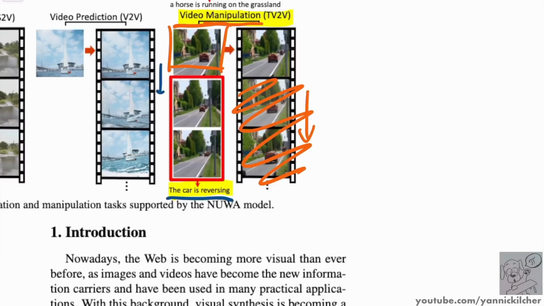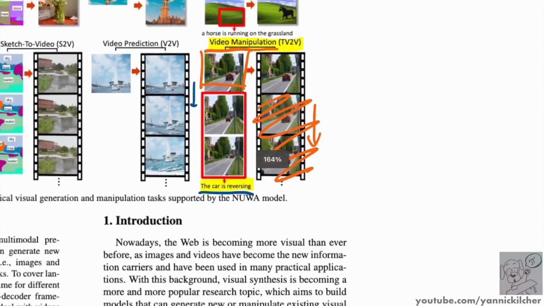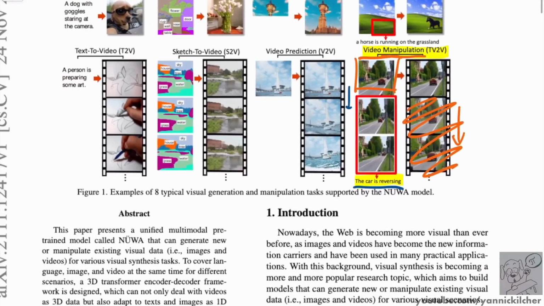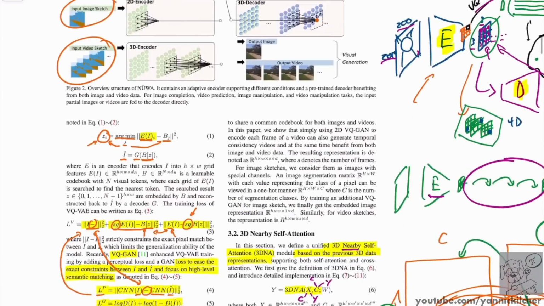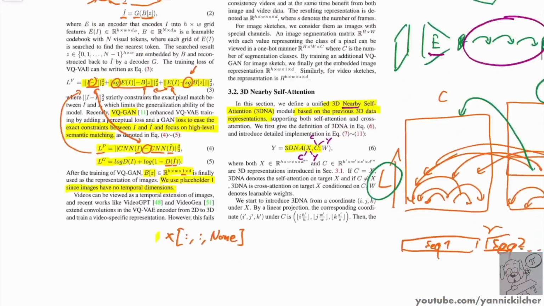So it's not necessarily manipulation as much as I give you the beginning of a video and a piece of text, and now please predict the video based on the text. So it's a bit like this here, except you already have the first frame, if I understand correctly. But I think I do. There's really no other way, I guess.